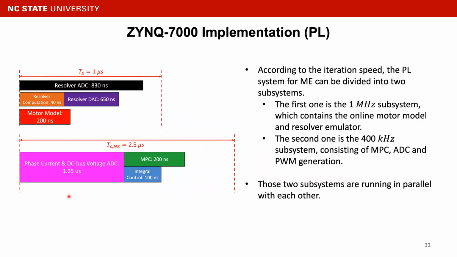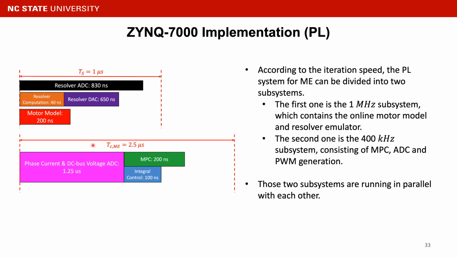And here's our detailed execution time. As we can see here, the iteration speed of the multi-emulator digital system is much higher than that in the active power filter application.